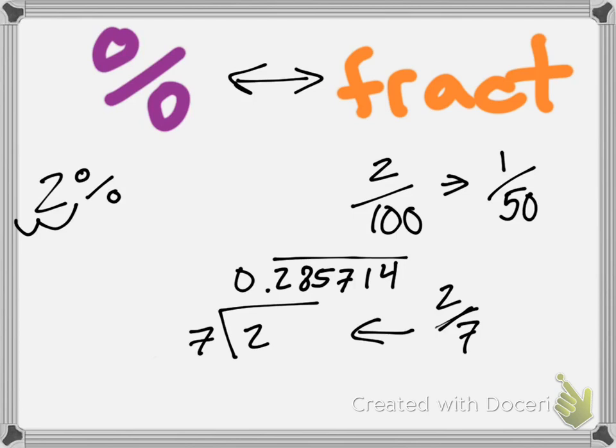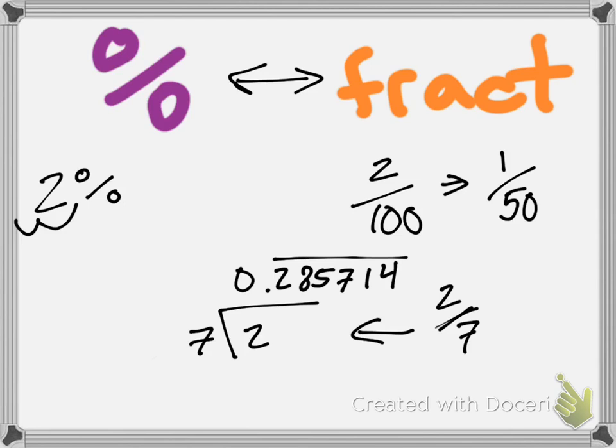Makes a little more sense. If we notice, our denominator is 7, and these repeat after 6. That's pretty cool. That is always what happens when our denominator is 7. After 6 numbers, it starts to repeat. That doesn't work for all of them, but after these weird kind of prime numbers.